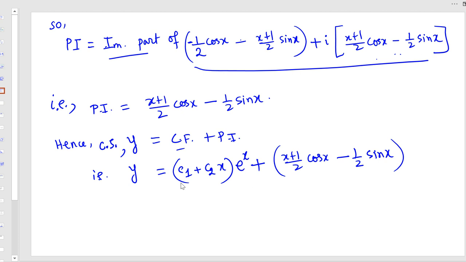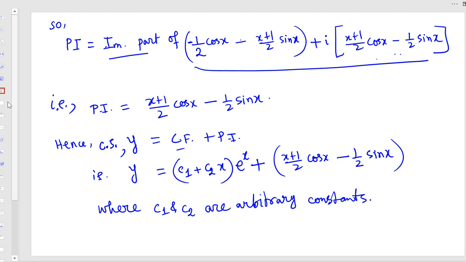Now if you remember, for the same problem, don't forget to write that C1 and C2 are arbitrary constants. Okay.